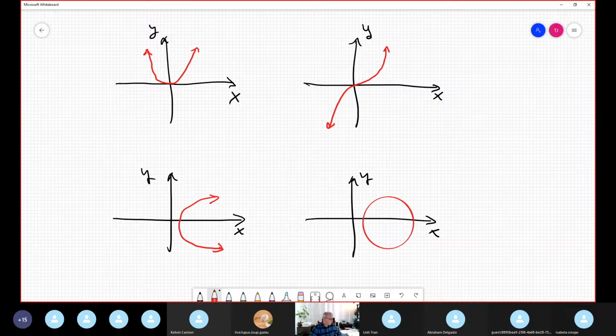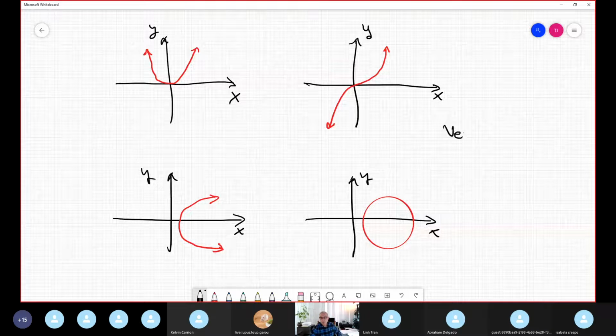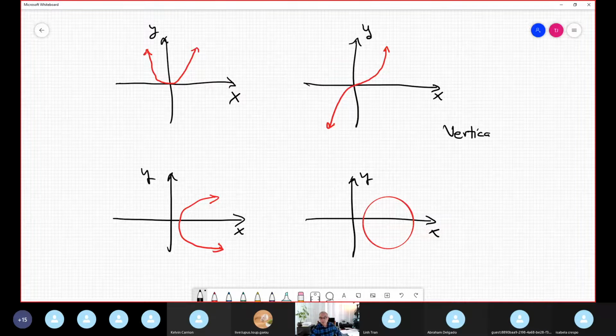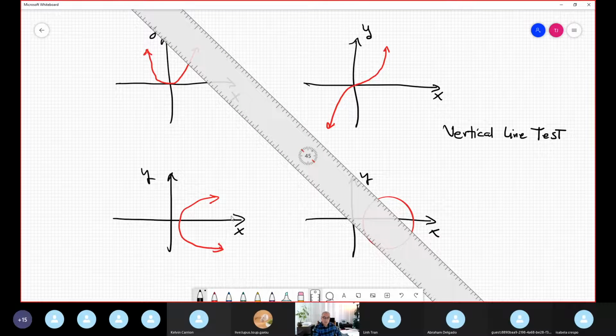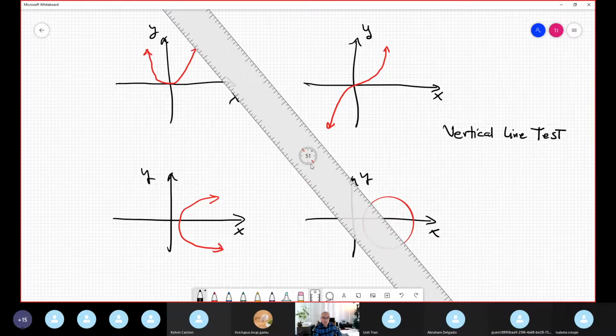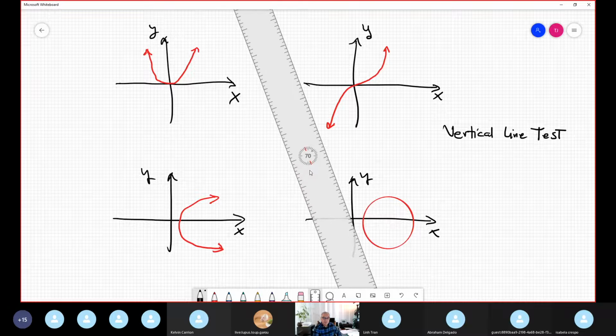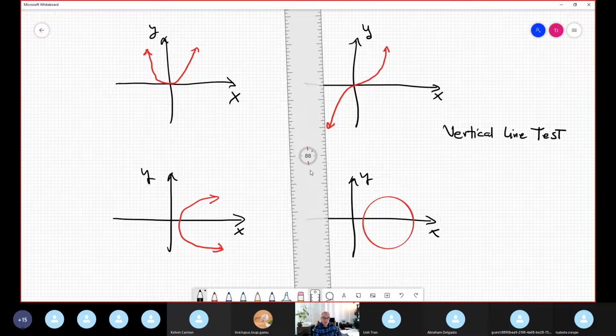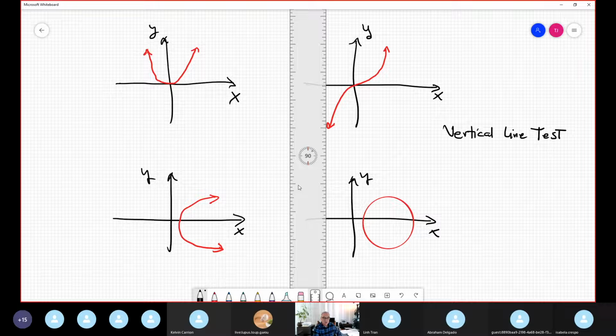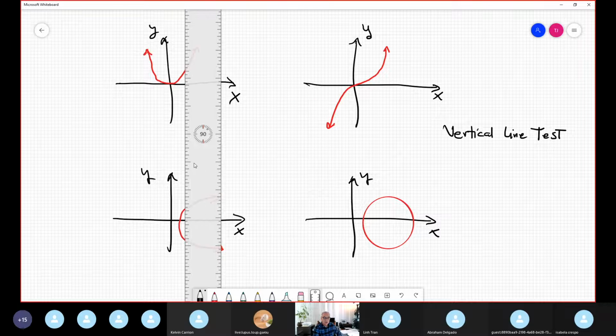To determine if a graph corresponds to a function or no, you apply something called the vertical line test. This is easy because you are drawing a vertical line, at 90 degrees, in an arbitrary position on the graph. Look here: this vertical line crosses only one point.